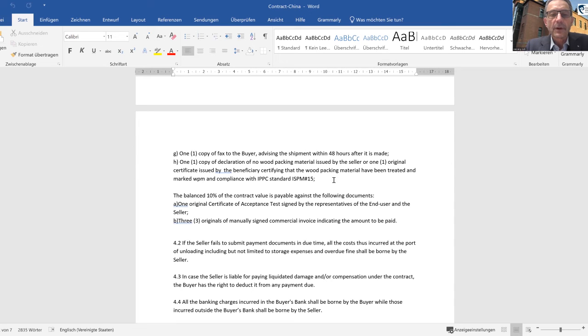And the copy of declaration is H, of no wood packing material issued by the seller, and you have to make out a certificate. Therefore, you have to know for sure the rules or the IPPC standards. Yeah?